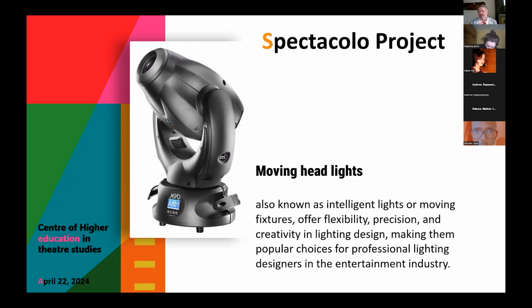Indeed, there is a very complicated mechanism inside this lamp, this equipment here, and I have a video in a while, and you will see how complicated this is. That's why, of course, it is intelligent.